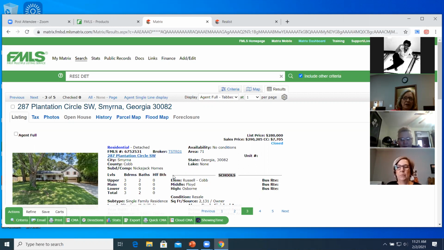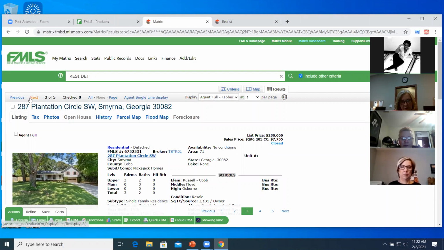So in other words, if that was 1,200 and something square feet, and only 600 of it were finished, then I would only give like $75 a square foot to that finished area. Does that make sense? We haven't gotten into that part yet, but I just wanted to bring that up. So let's go on.